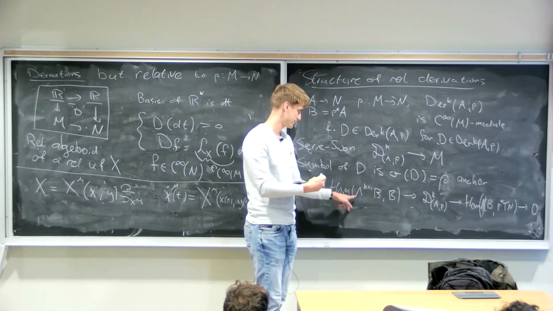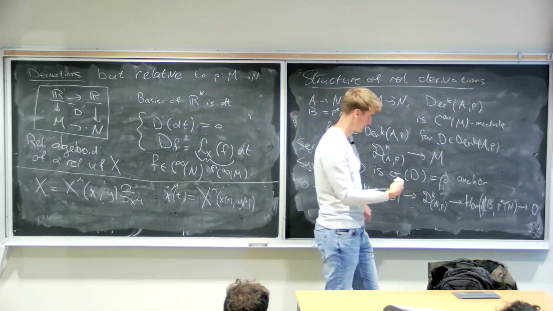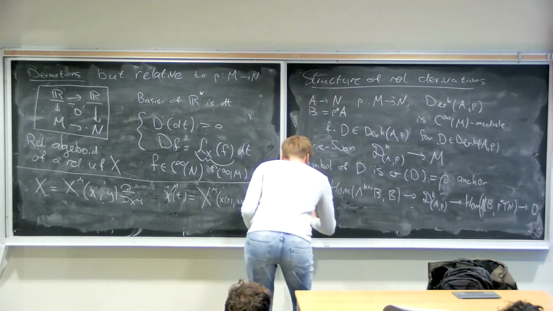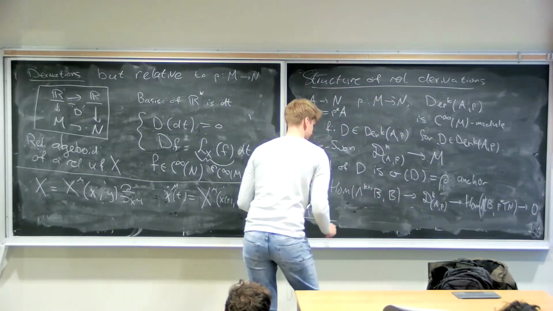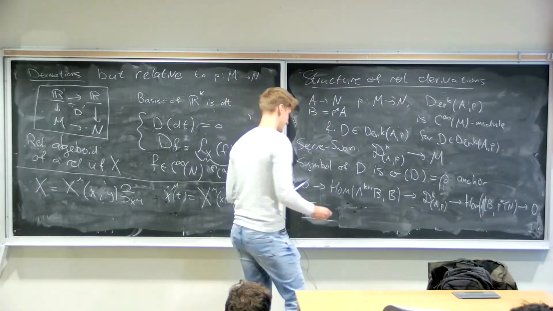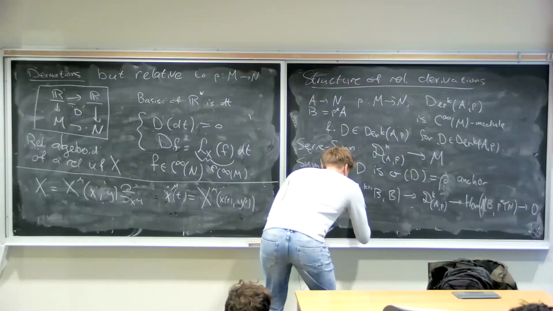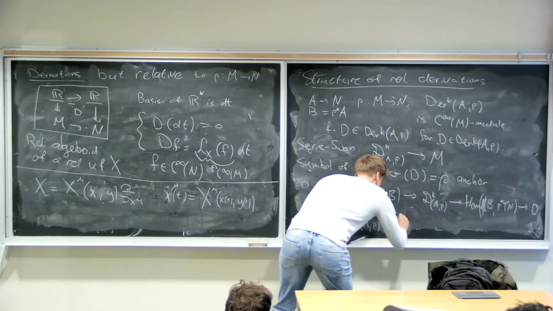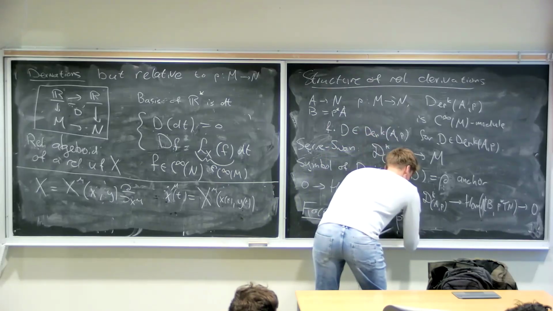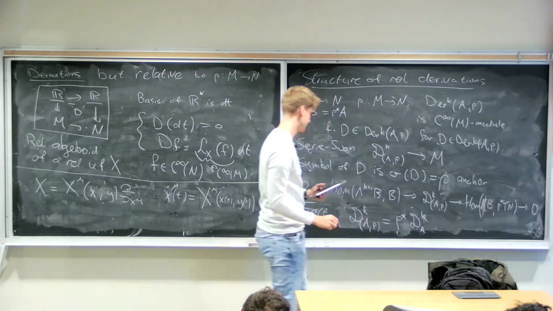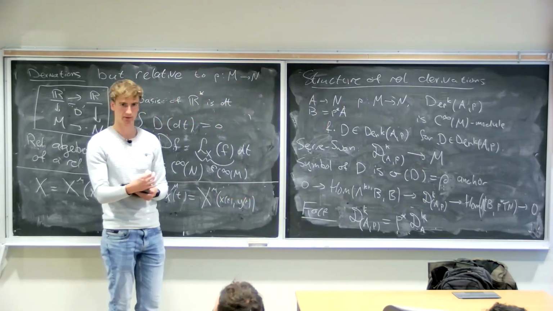This entire thing is the pullback of a vector bundle on A. This side is also the pullback of a vector bundle on A. And in fact, the bundle of K-derivations relative to P is a pullback of the bundle of K-derivations on A, as a vector bundle.